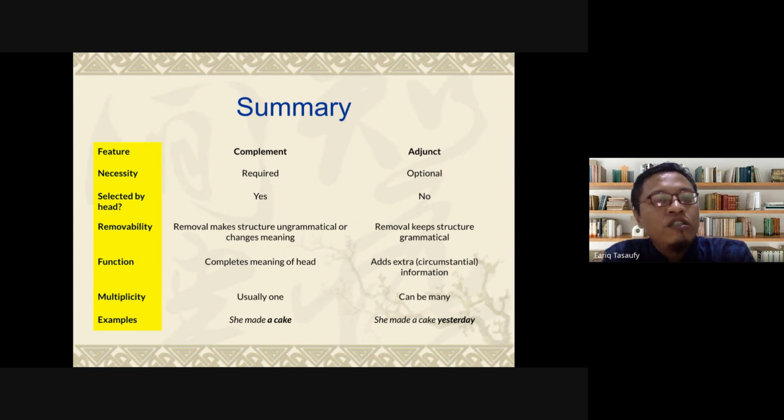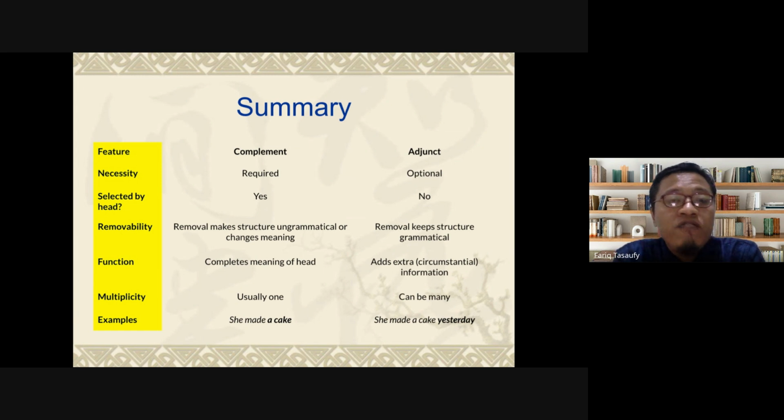And the function of the complement is that it completes the meaning of a head. But the function of an adjunct is to add extra, circumstantial information. So it is something that we probably need, but we can get rid of it. Like when you use a past tense without knowing what time, you will still understand that the verb indicates an event in the past.